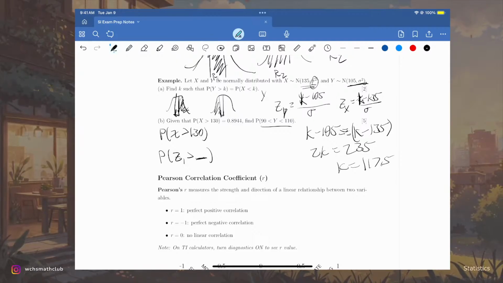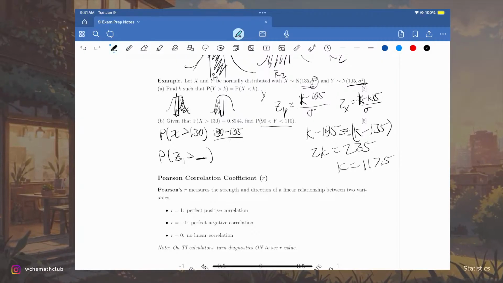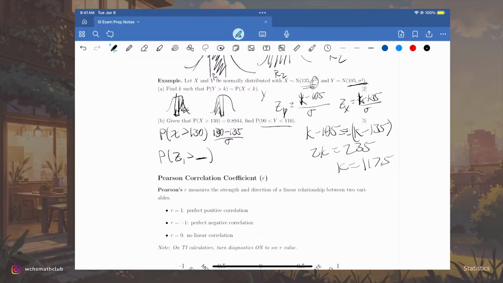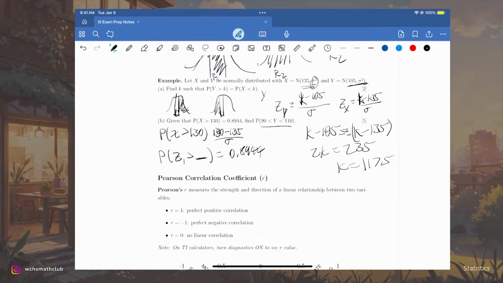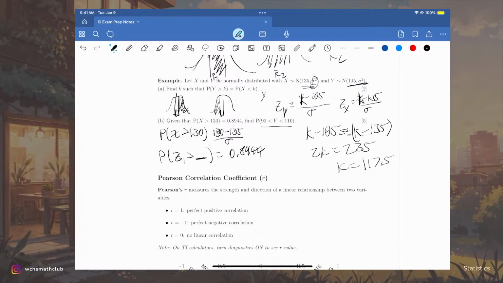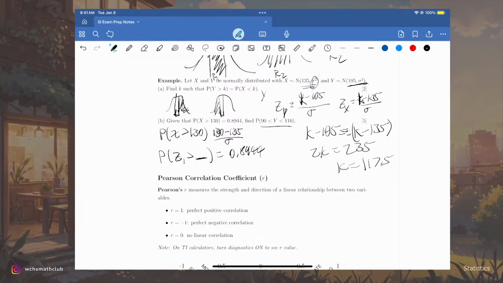And that number can be found by 130 minus 135 over deviation. And this is equal to 0.8944. So if you do inverse norm of this, I'll just do it on my calculator right now.